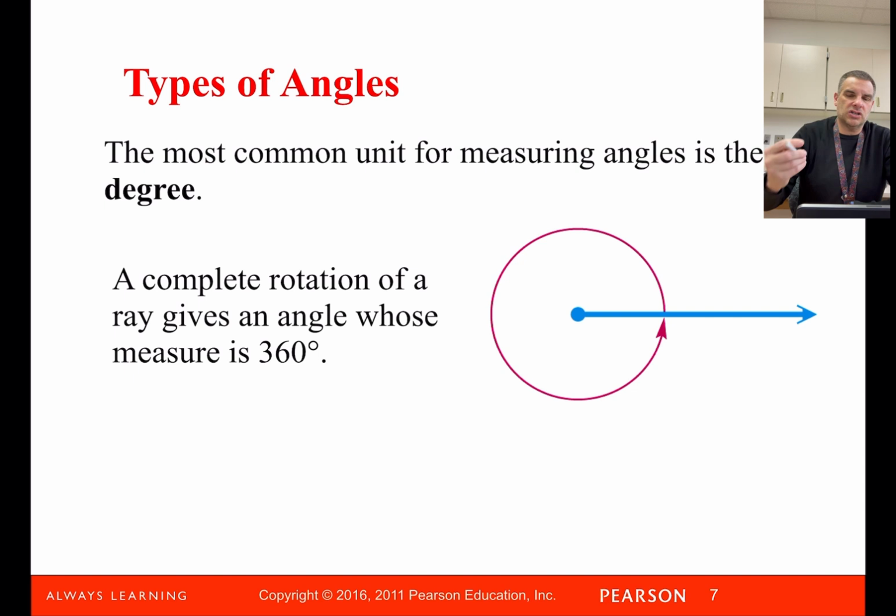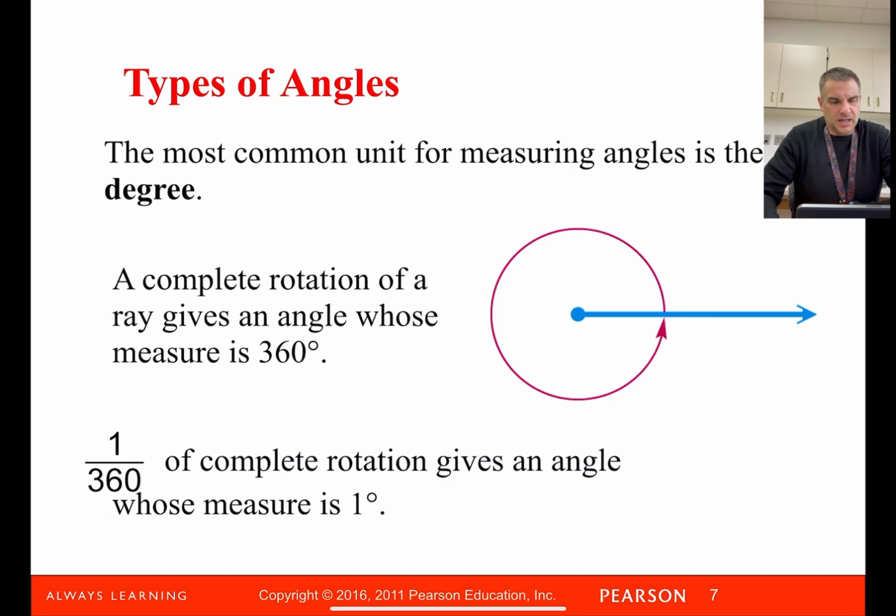That's a complete rotation kind of around that circle. Obviously, if you're writing down these definitions, I'm going through them rather quickly. There's a pause button that you could press if needed. 1/360 of a complete rotation gives you an angle whose measure is 1 degree.